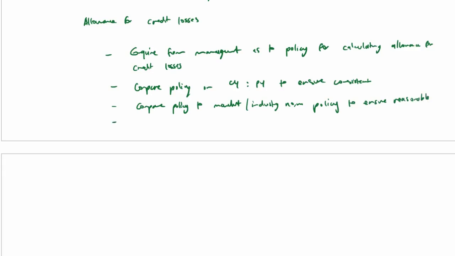And a further way to test something like an allowance for credit losses to see if it's reasonable, I can compare the actual bad debts written off in the current year to the allowance in the prior year.